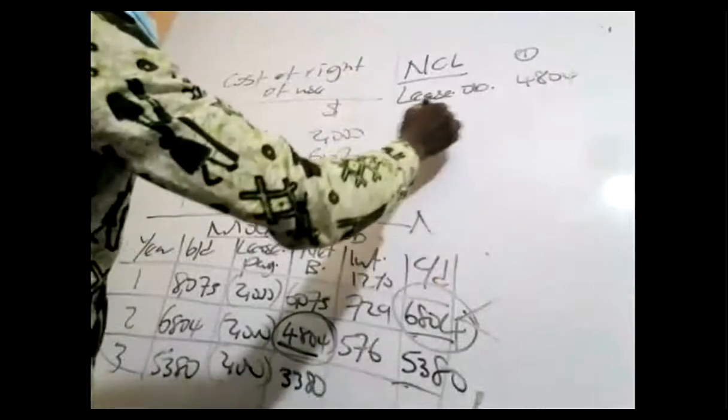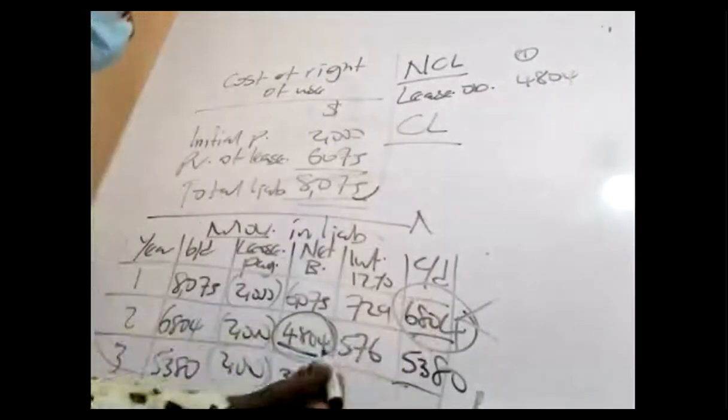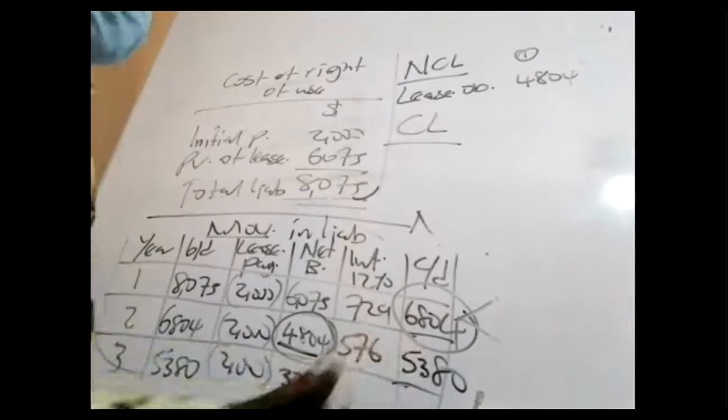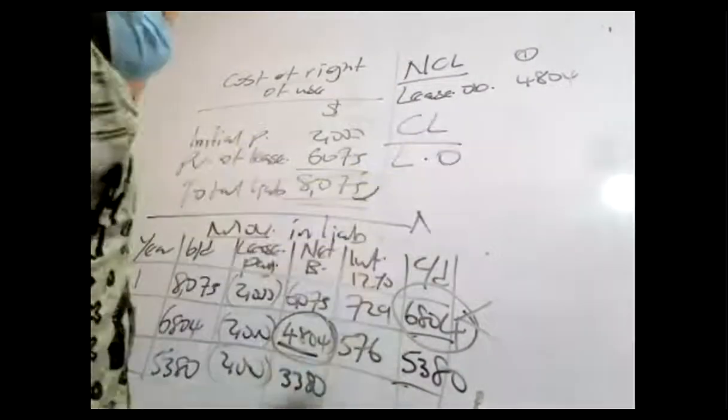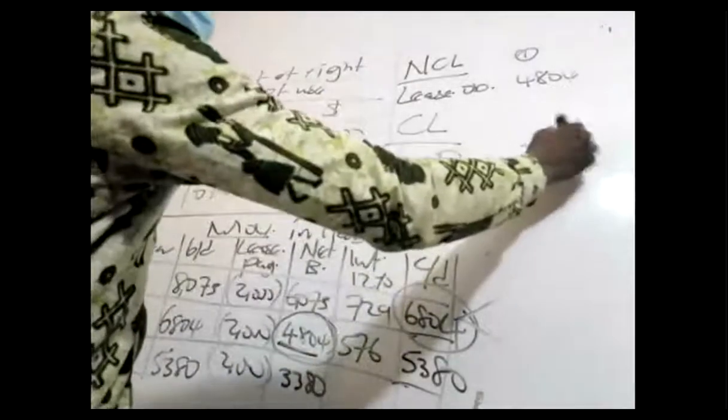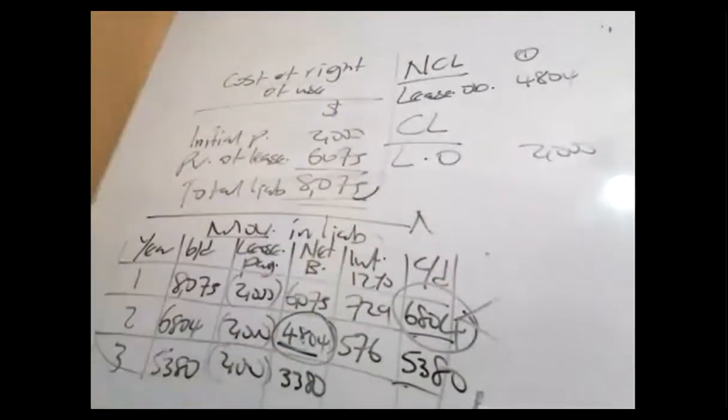When I go to the current liability, we say it is the difference between this figure and this. Don't worry, follow the rule. For the lease obligation, the current liability should be the lease payment, 2,000. You have to get the same answer. We continue this calculation until you are done.